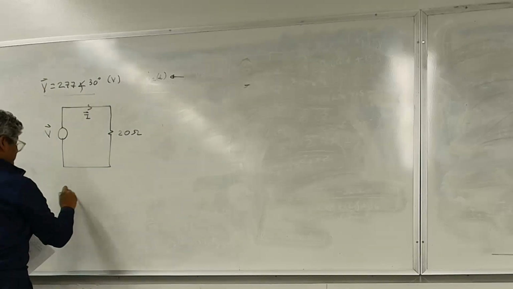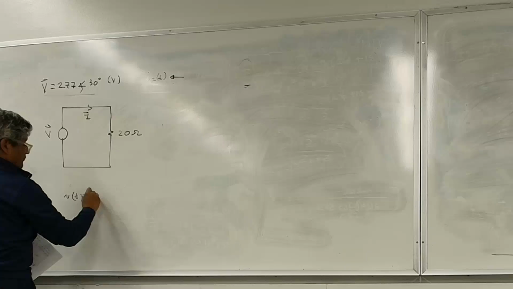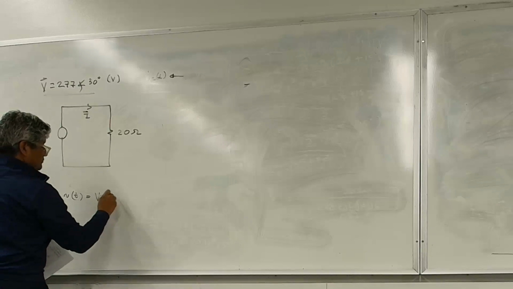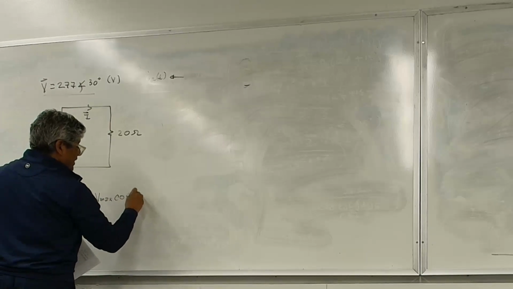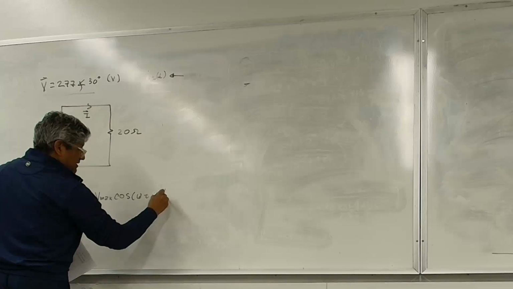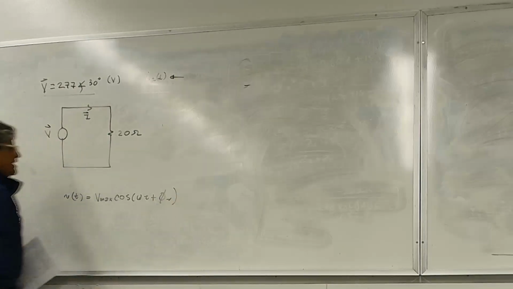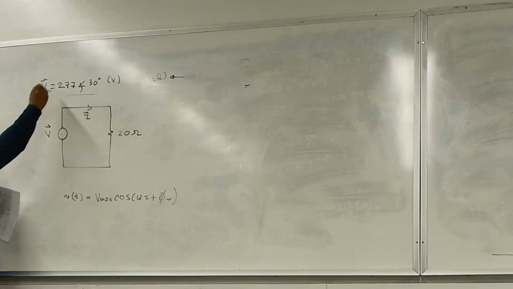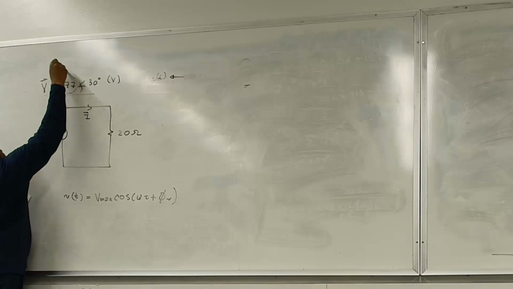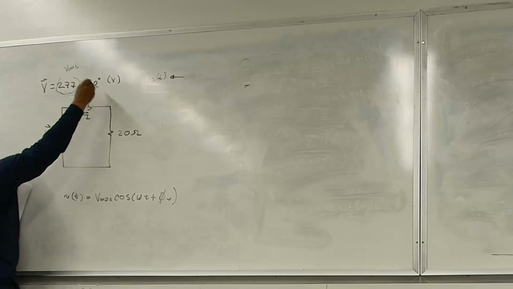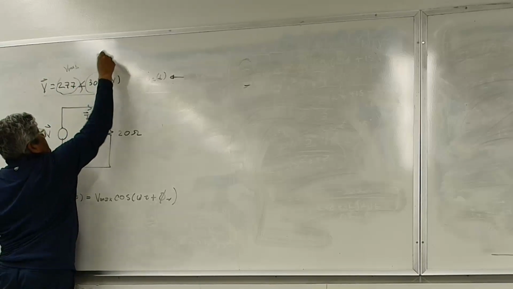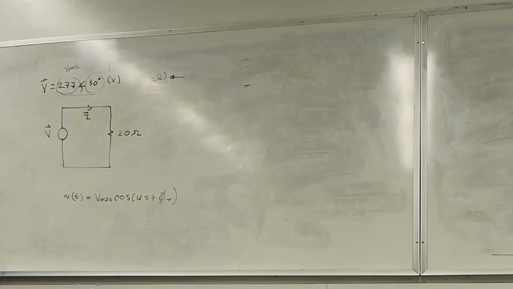So V of t is equal to V max cosine omega t plus phi V. Okay? I know V RMS and I know angle phi V. Everybody okay with me?